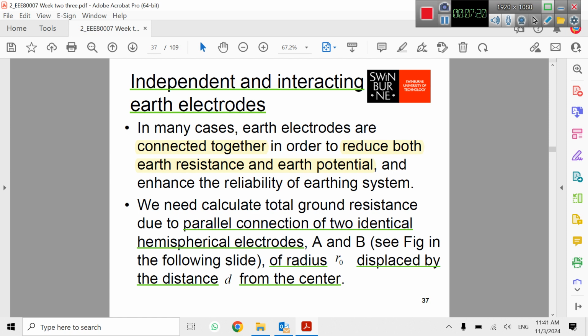Now assume we have two electrodes connected to the ground, the same shape, in parallel, identical hemispherical conductors A and B. The radius for both of them is R0, and the distance between these two electrodes is D. We connect two electrodes in parallel to reduce the earth resistance, and because the earth potential is directly related to the earth resistance times I, the earth potential also reduces.